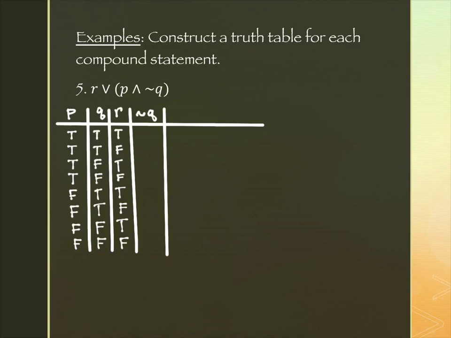The part in the parenthesis, and somebody else is telling me P and tilde Q. Yes. Okay, is that good? What's next? All of it. All of it will be next. I have R, or, P, and tilde Q.